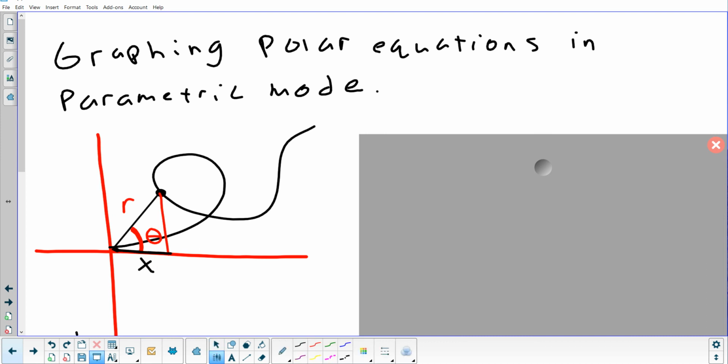There's your x. There's your y for this particular point right there. How would you get, or what trig function would you use to get the x value?